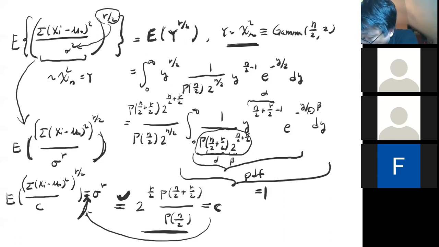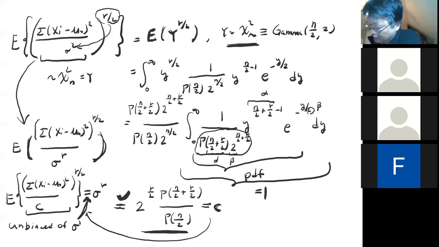Sorry, it's really ugly right now, so let me take that out. Why do I want to look for that? This guy right here is unbiased for sigma gamma, as well as a function of a complete sufficient statistic, right?